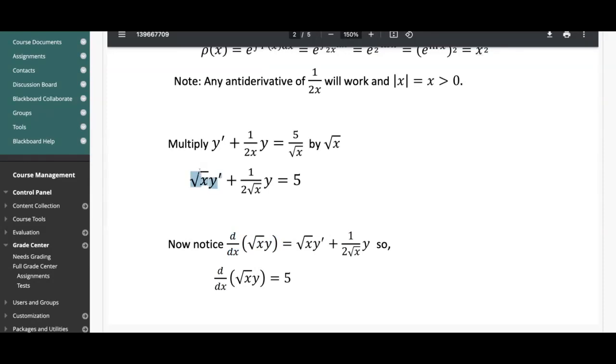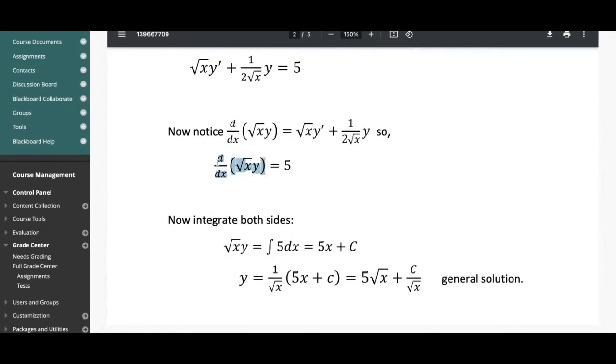This is square root of x y prime plus this. So this is just the product rule. When we differentiate this term, by the product rule we get this. So this is a miracle. Then we just have this equal to 5.